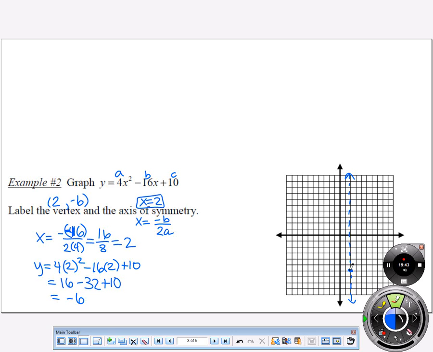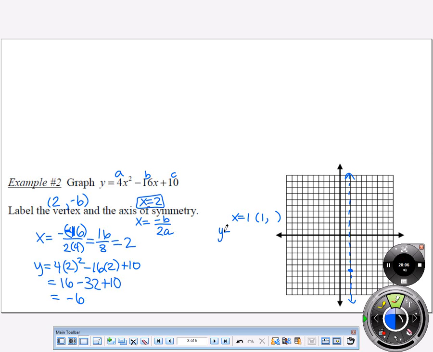Good. Now, I could find the intercepts if I want, but we talked about how that's not a must when you're graphing, because are the intercepts always going to be nice points that are easy to graph? No. Okay? But if I have this middle stuff, my axis of symmetry, my vertex, I can just plug in x's near that and find the y's that go with them. So for example, I'm going to try what happens when x equals 1 to find 1 comma something.